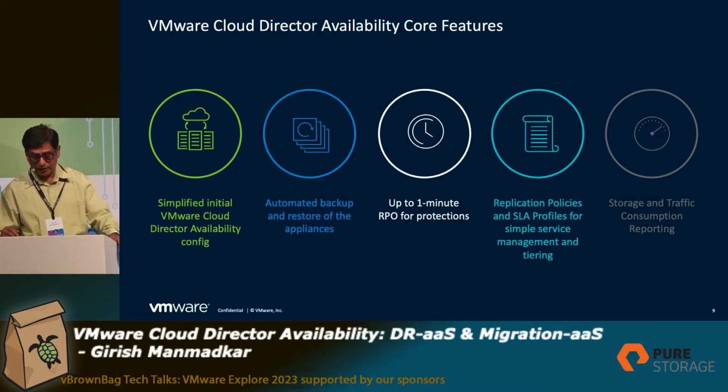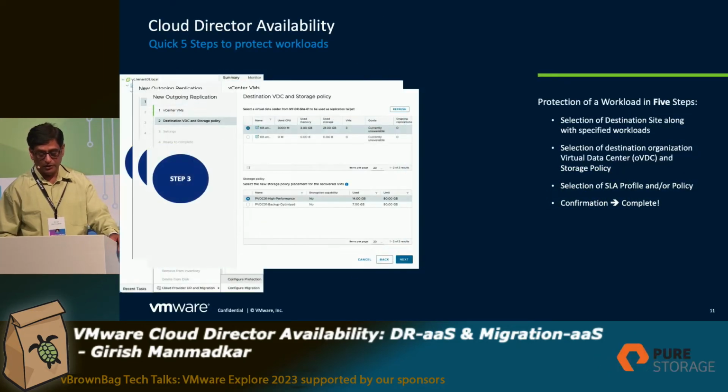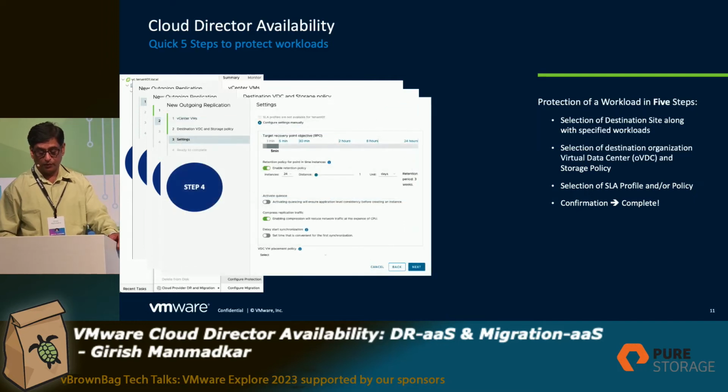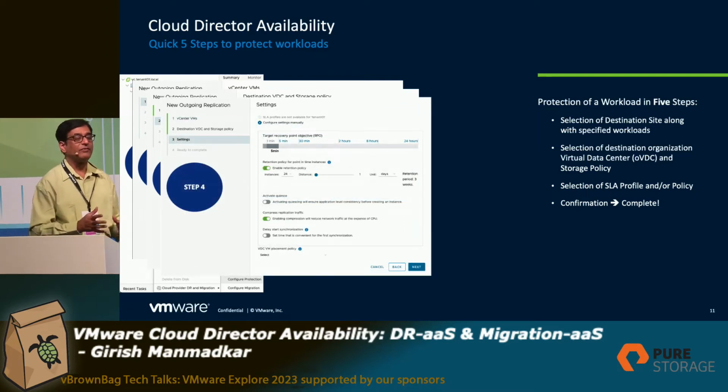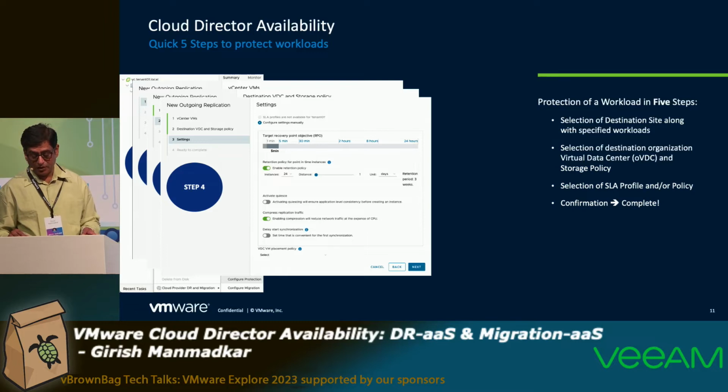Again, that kind of ties down to your application SLA profiles that you define as a part of VCDA. Migration workflows or DR workflows, I'll just click through this very, very quickly. But simple 5 steps that we want to make sure that you are able to really run your protection for the workloads in 5 steps.